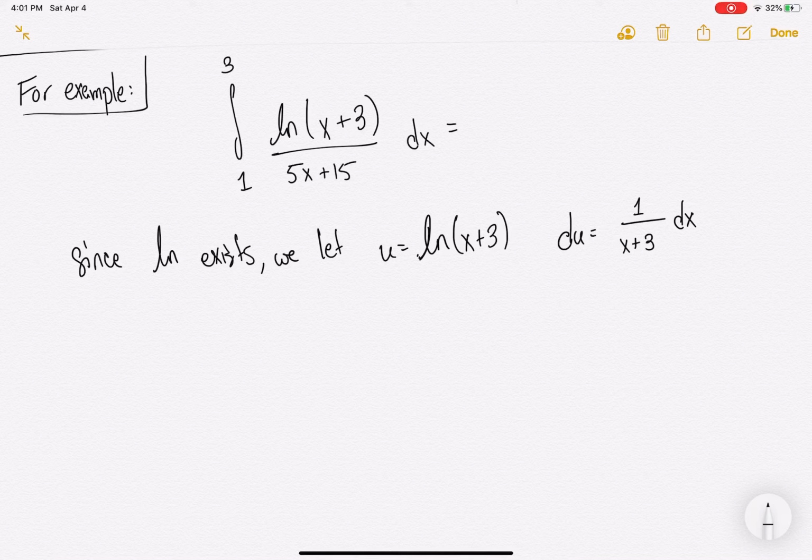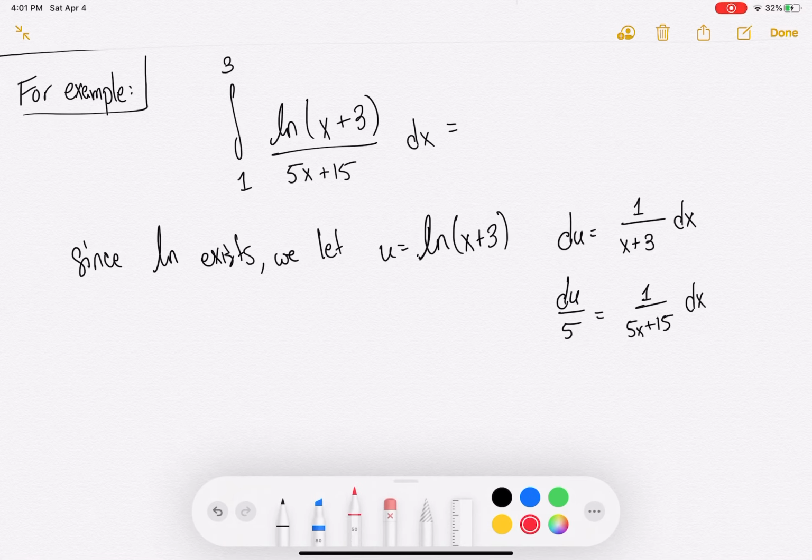It turns out if I do du divided by 5, then all of a sudden I have 5x plus 15 dx, and then we have exactly what we want. That piece there is that piece there. So then we're good to go.